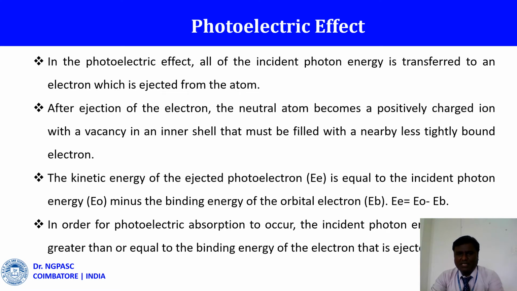It may be an L-shell or M-shell electron. The kinetic energy of the ejected photoelectron is equal to the incident photon energy minus the binding energy of the orbital electron which is ejected from that orbital.